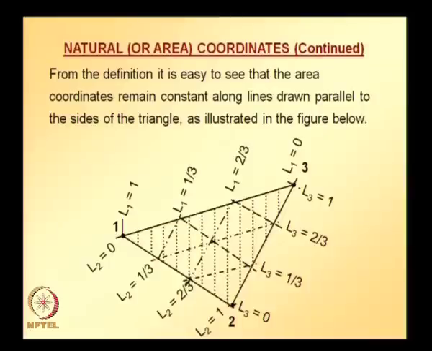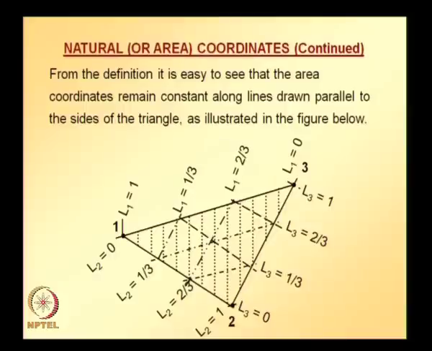So, at each node we need to find L1, L2, L3, and we need to use those values for deriving shape functions using the formula that we are going to look at now.